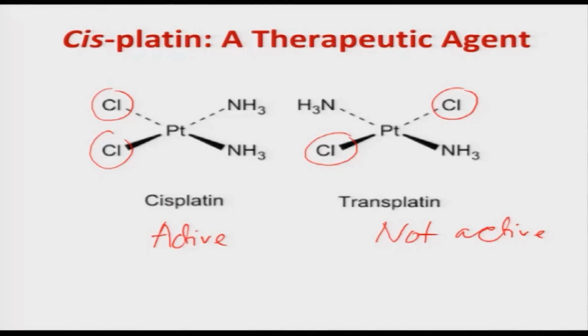The high reactivity of transplatin results in rapid deactivation of the complex owing to side reactions on the way to its target, which are likely to contribute to its lack of anti-cancer activity, and that is the reason transplatin is not active. The major limitation to cisplatin therapy is its side effects.